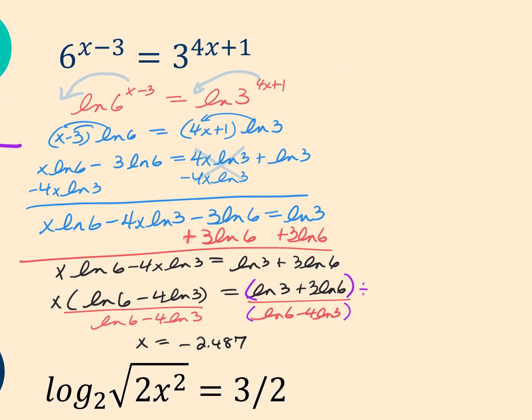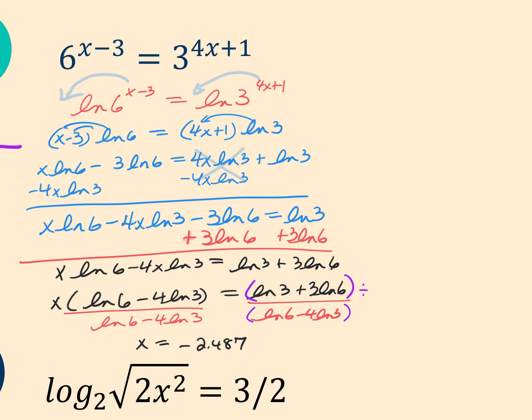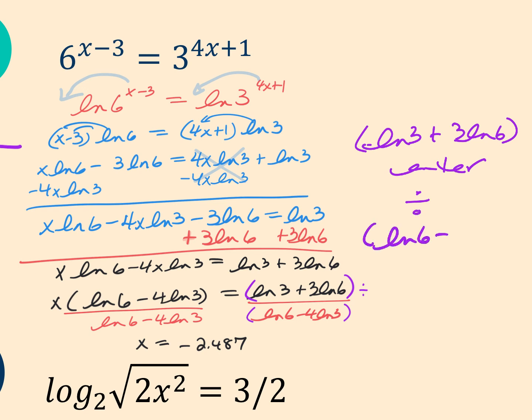So the way you should enter it into your calculator is parentheses ln 3 plus 3 ln 6, and then hit enter, then divide, then parentheses ln 6 minus 4 ln 3, close the parentheses, and hit enter. And then you should be getting this decimal. Again, I can't stress enough, use the calculator that you're going to be using on the test on Friday to be doing the homework.